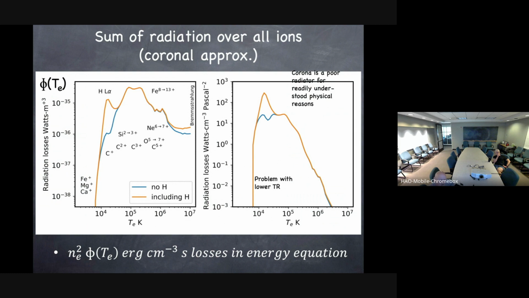So what is this? This is showing you a constant pressure on the right-hand side, and on the left-hand side a constant electron density. And what I've shown you here is all those G of T functions.